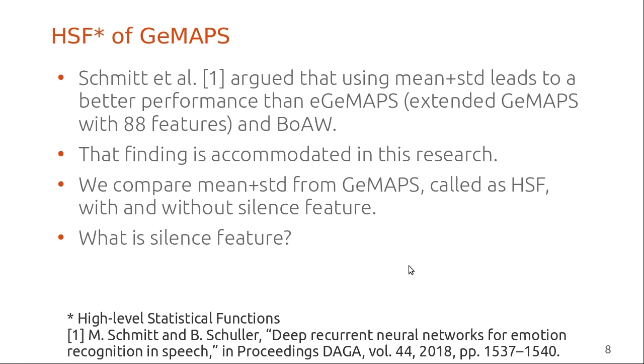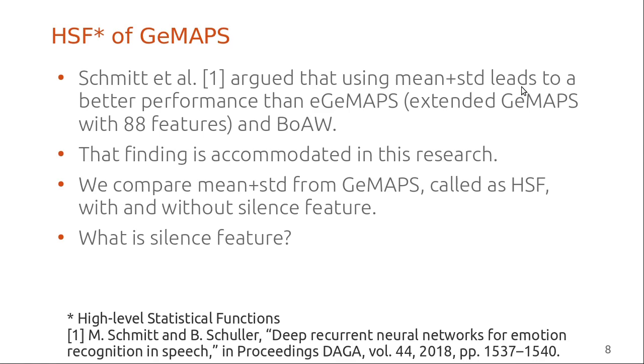And then in addition, we add a silent feature in a different feature set. So the first is the GeMAPS, the second is HSF of GeMAPS, and for the third we add silent feature to this HSF. So the third feature is mean, STD, and silence.